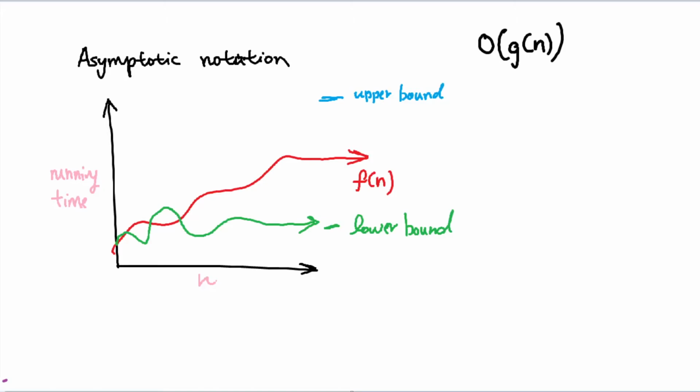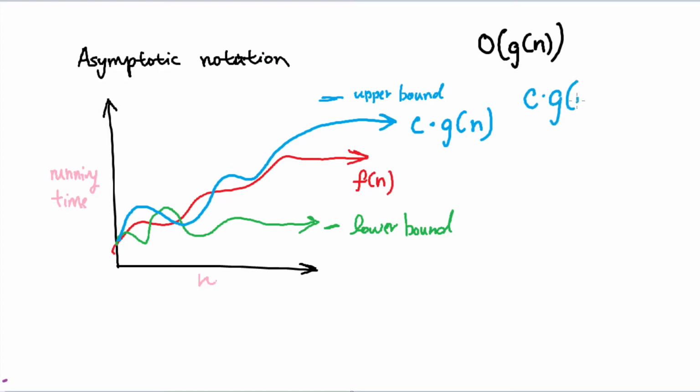But what big O of g of n essentially says is that, over time, as n increases, there exists some constant that can multiply your given function inside big O, and that over time it will create an upper bound for f of n. That is, for some real number c, c times g of n is going to be greater than f of n as n approaches infinity.